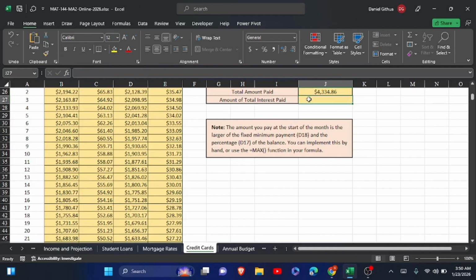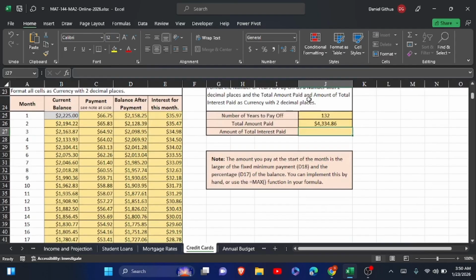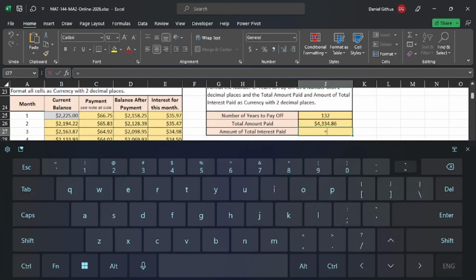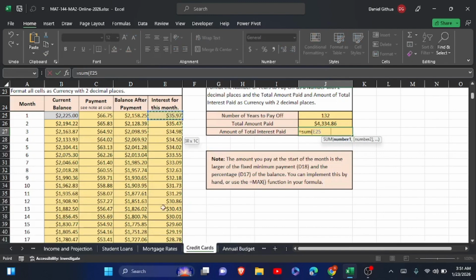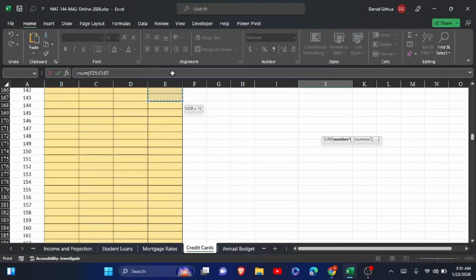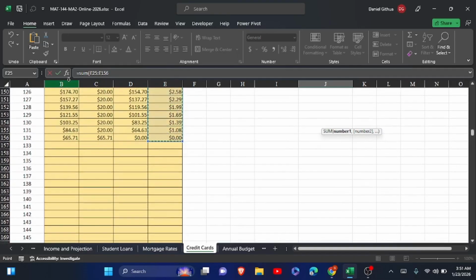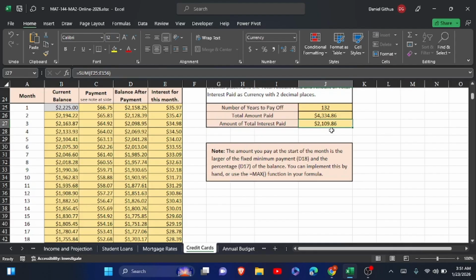The amount of interest paid is given by equals the sum of the interest for this month, up down there. So we have found that it is 2921.86.